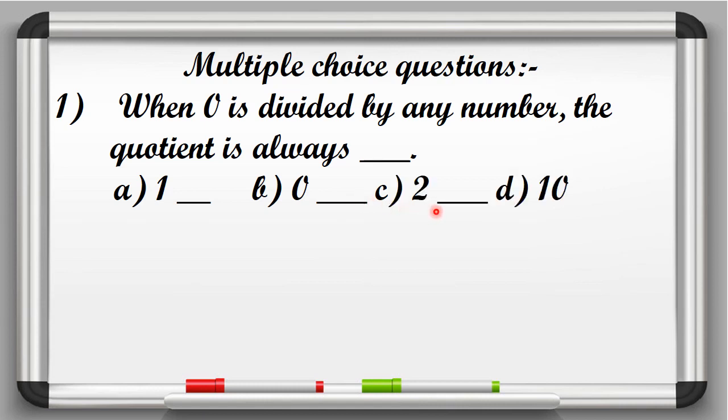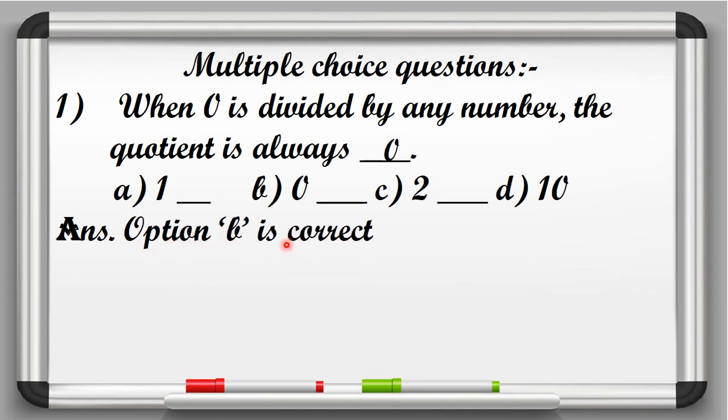Okay, now we have to find out which option is correct. And we know that when 0 is divided by any number, the quotient is always 0. तो वो हमेशा 0 आता है. So here we will write 0 and it is in option number B. So our answer is option B is correct.